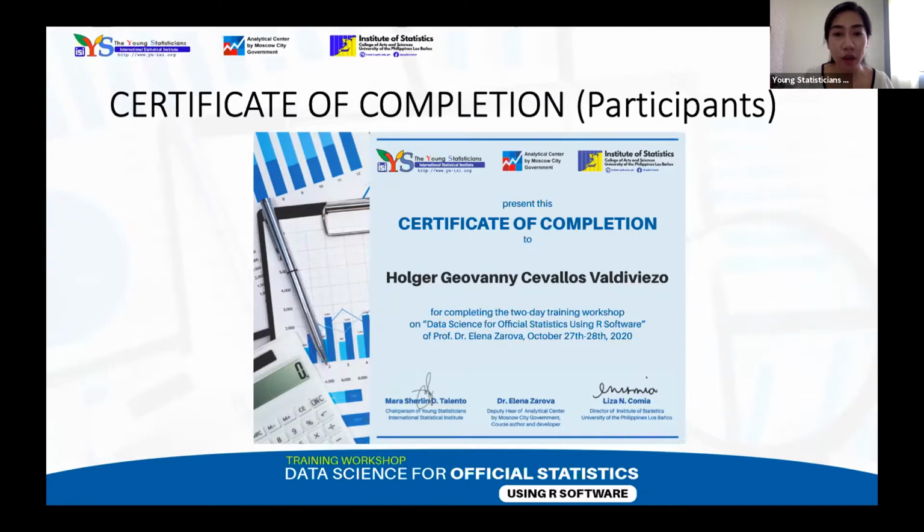The Young Statisticians Analytical Center Institute of Statistics present the certificate of completion to name for completing the 2-day training workshop on data science for official statistics using R software of Professor Dr. Elena Zarova, October 27 to 28, 2020, signed by yours truly, Dr. Elena Zarova, the course author and developer, and Dr. Liza Camilla, Director of the Institute of Statistics, University of the Philippines Los Baños.